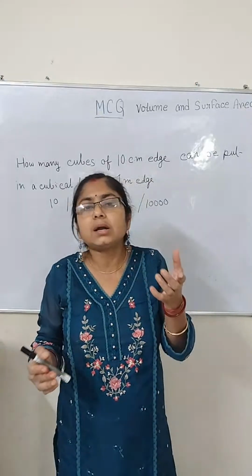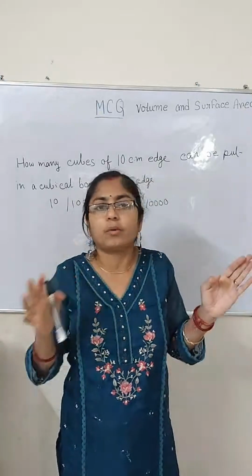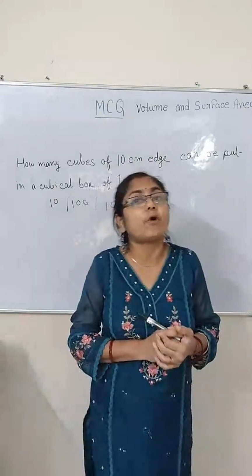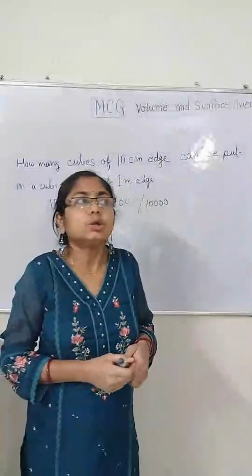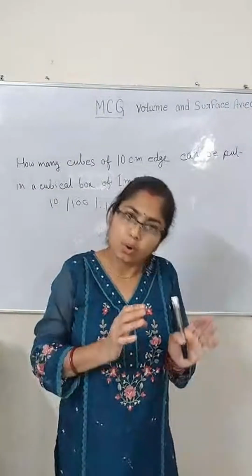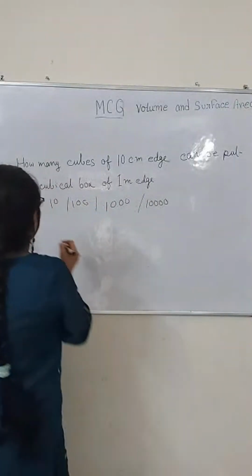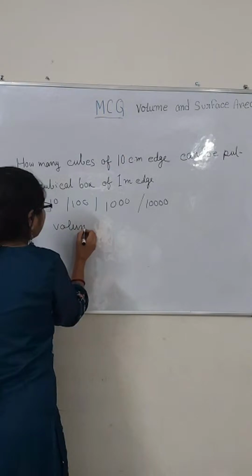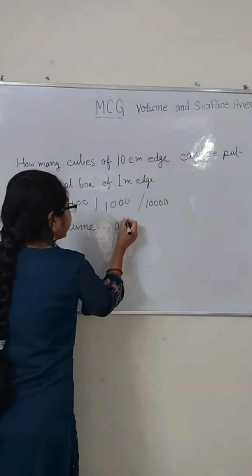There is a big box, it is a cubical box, and there we put some cubes, and here no problem, both formulas apply the same. Okay. And what is the formula of the cube volume? So when it is put in the places, it means volume. First I write the formula: volume means a cube.